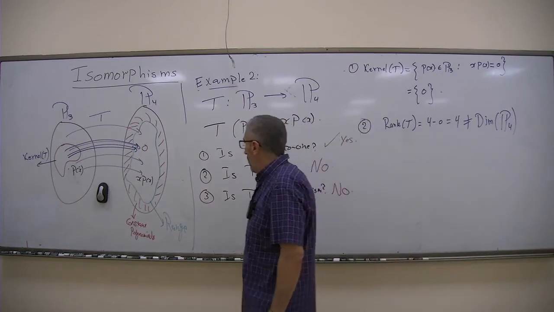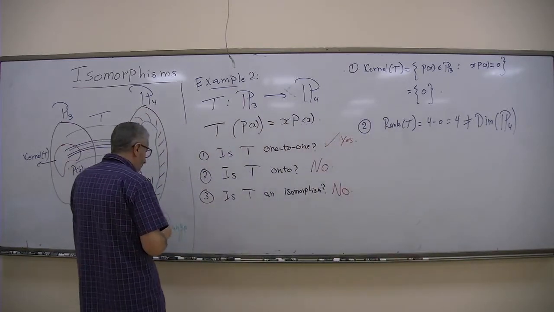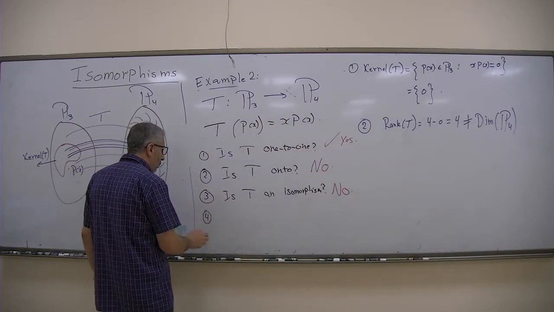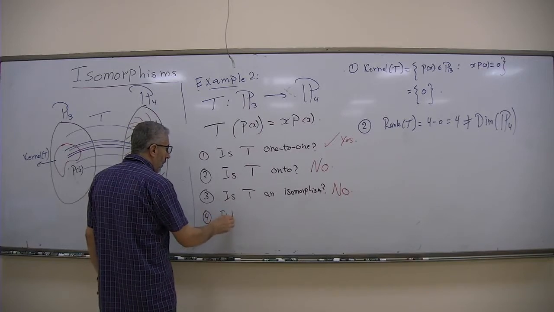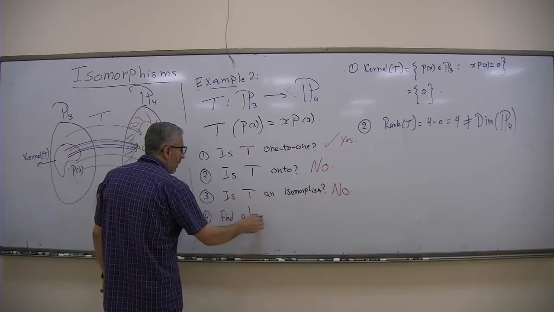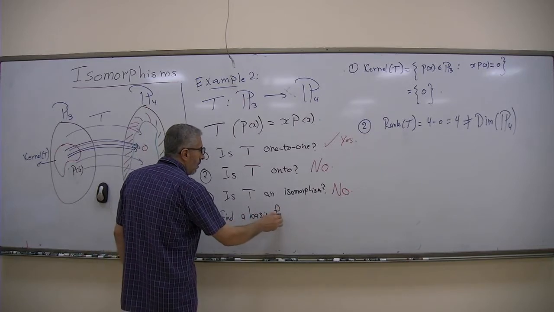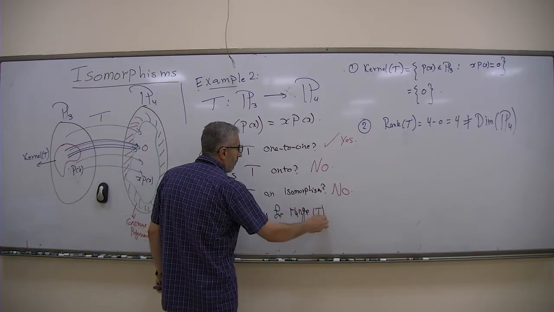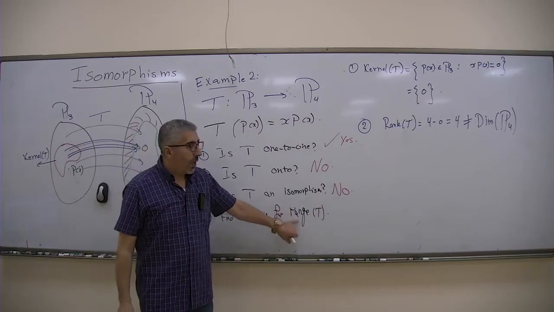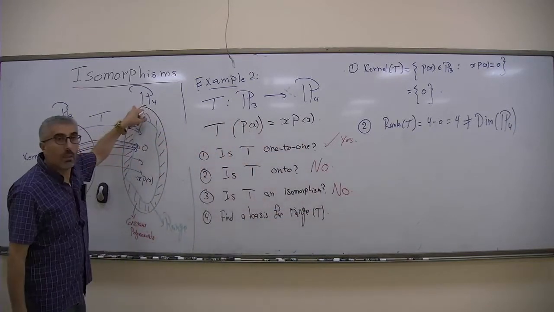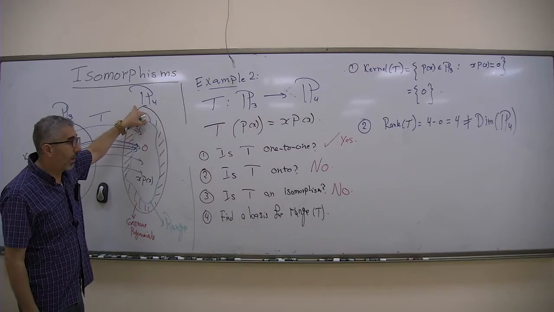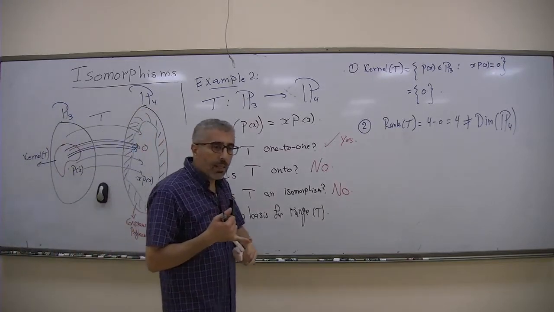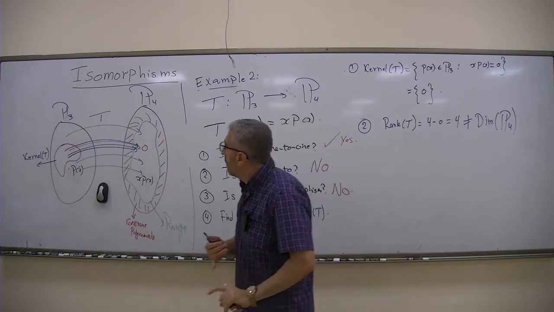Okay, let's make it more interesting. Question number 4: find a basis for the range of T. Remember, the range of T is a subspace of the codomain, correct? So the kernel is a subspace of the domain. Let me stress that.